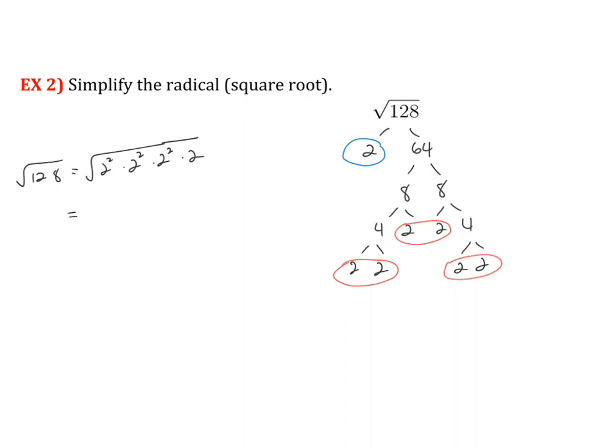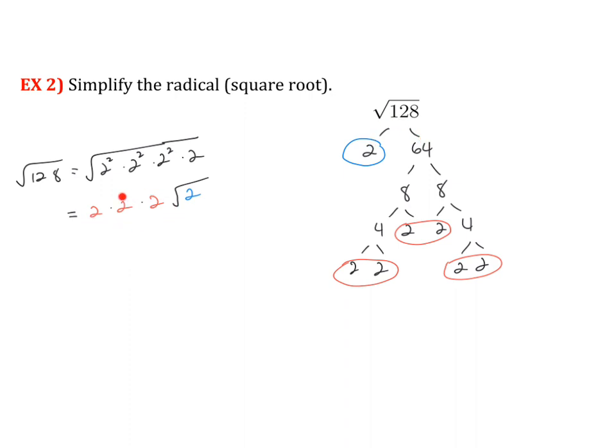Right? And this is equal to, all of those pairs come out, so I actually get 2 times 2 times 2 times the square root of that singular 2. So what I wanted you to notice here is that if I have multiple pairs, even if they are all different numbers, because that could be the case as well, all the numbers that come outside also get multiplied, because again, keep in mind that originally to factor these out, I had to divide.